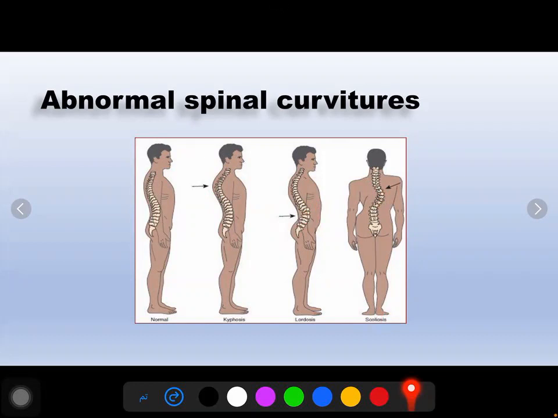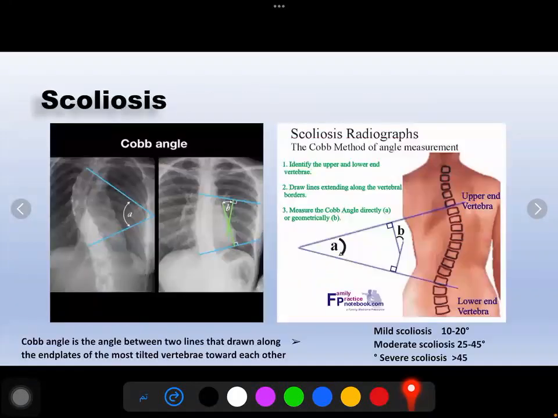In case of scoliosis, we should measure the Cobb angle to know the progression of scoliosis. So this is the method of Cobb angle measurement. We will identify the upper tilted vertebra, and this is the most lower tilted vertebra, and draw the line along the vertebral end plate and identify the Cobb angle.